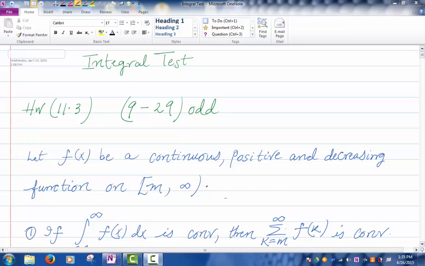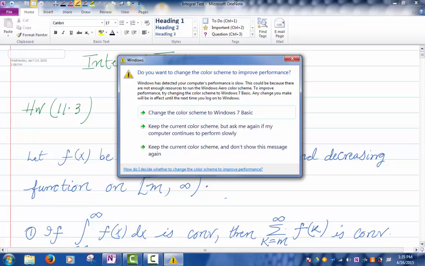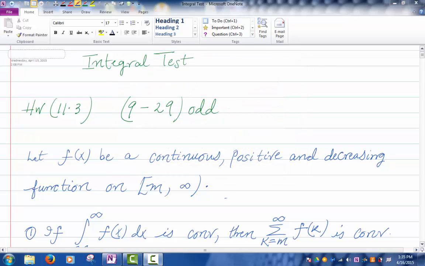All right, so what's the integral test? From now on, you'll see a lot of tests. What are these tests? Well, these are tests for convergence of a given series.